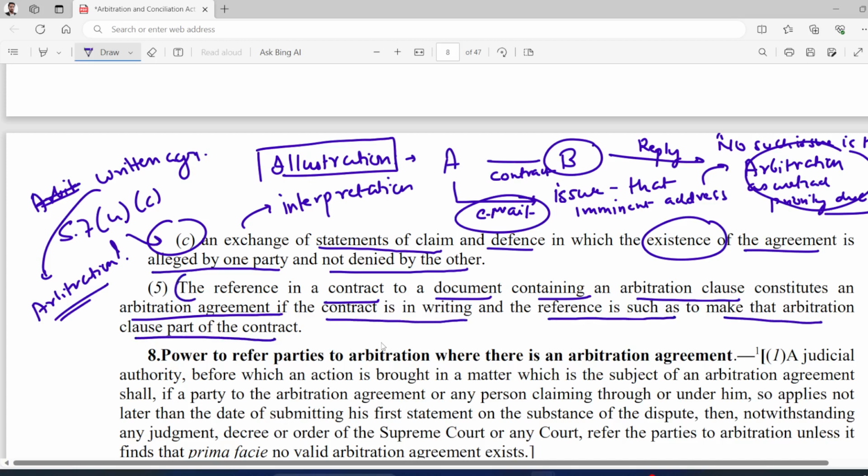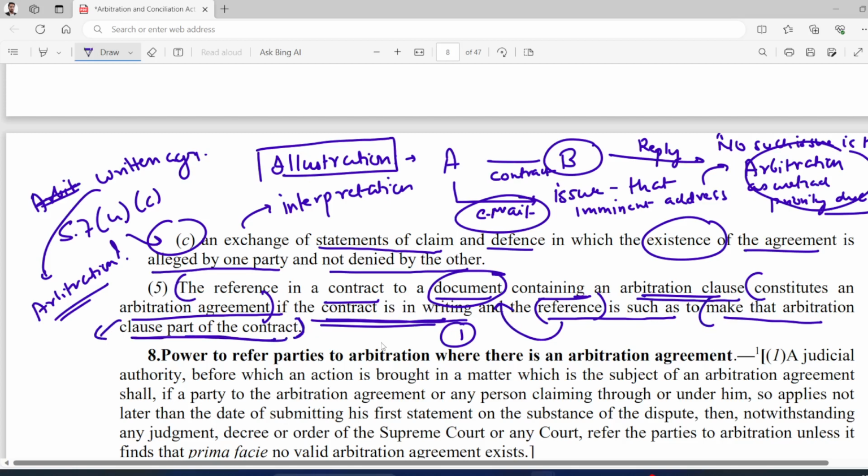The reference in a contract to a document containing the arbitration clause constitutes an arbitration agreement if the contract is in writing, first. And the reference is such, what reference? Reference to the document is such as to make that arbitration clause part of the contract.